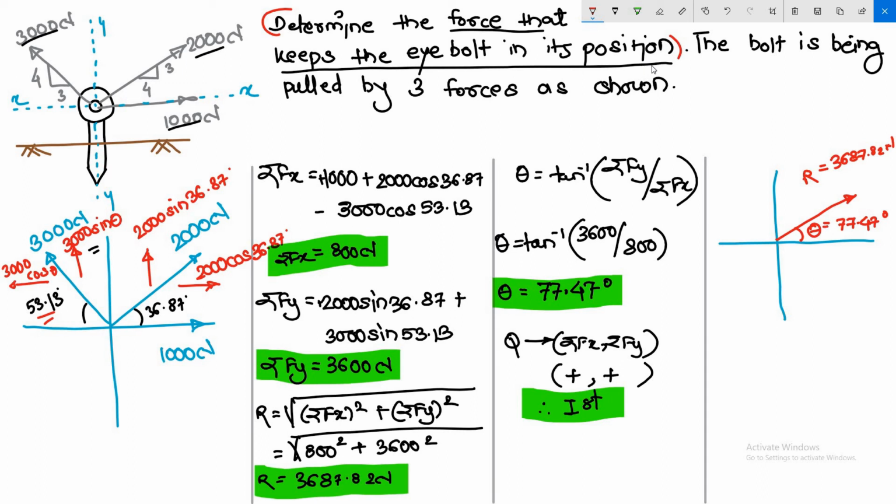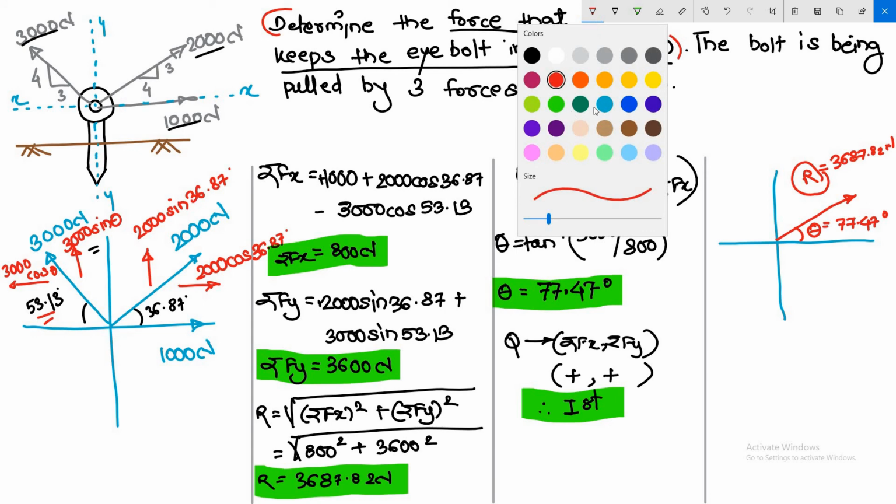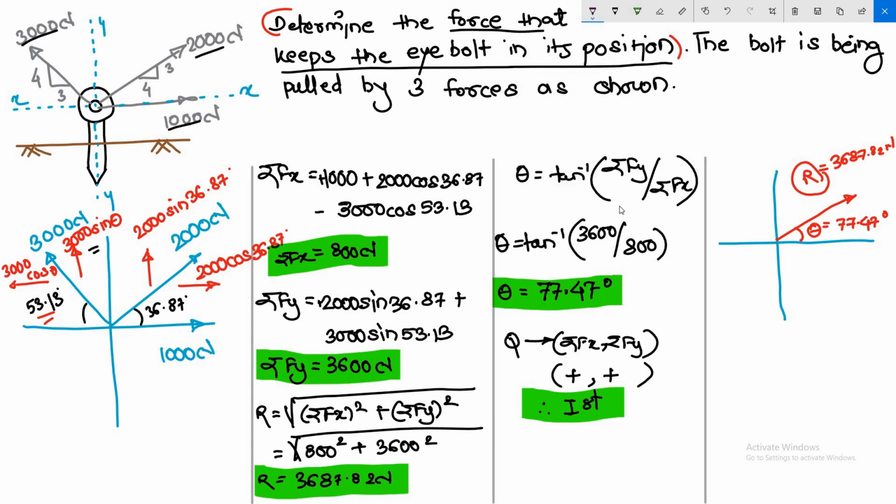We are talking about the equilibrium force that maintains the position of the bolt in the ground. That is, it keeps equilibrium with this resultant force. Therefore, as we saw in the initial discussion, the equilibrium force is the one that has the same magnitude as that of the resultant, but it has opposite direction. That is, it is going to be like this.